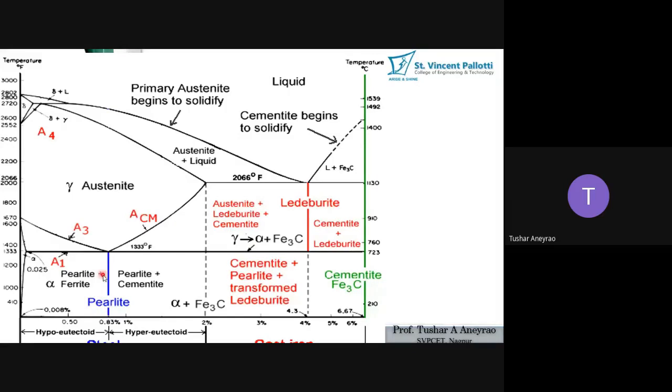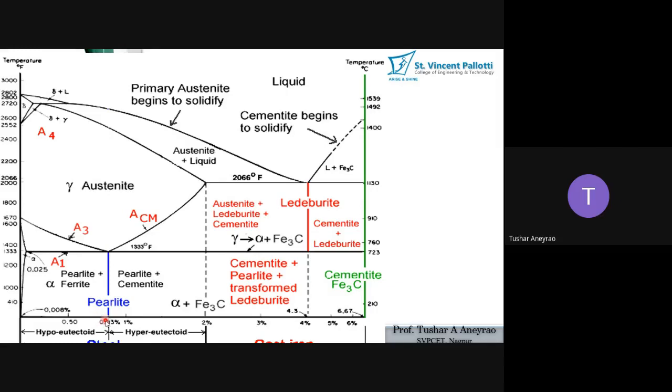The mixture which is at the left hand side of this perlite is called hypoeutectoid, which is having maximum amount of ferrite sites and minimum amount of perlitic sites. As you go from this, suppose you are at 0.7% carbon, then you are going to get more ferrite sites than perlite sites compared to 0.8%.